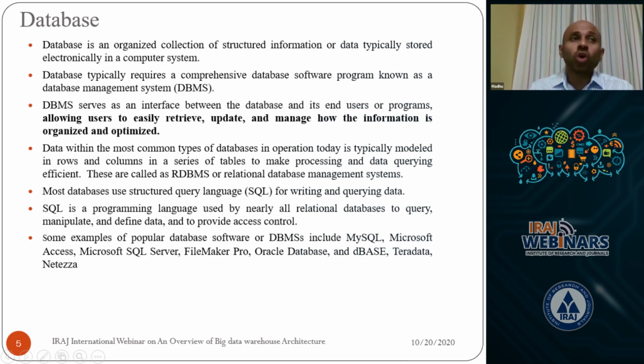A database always has a software program called a database management system, which runs on top of the database. Basically, the DBMS serves as an interface between the database and the end user. The end user can be an application or an actual user.